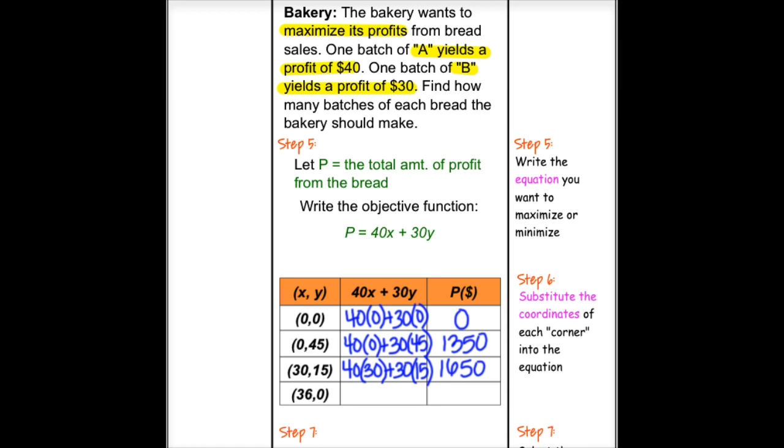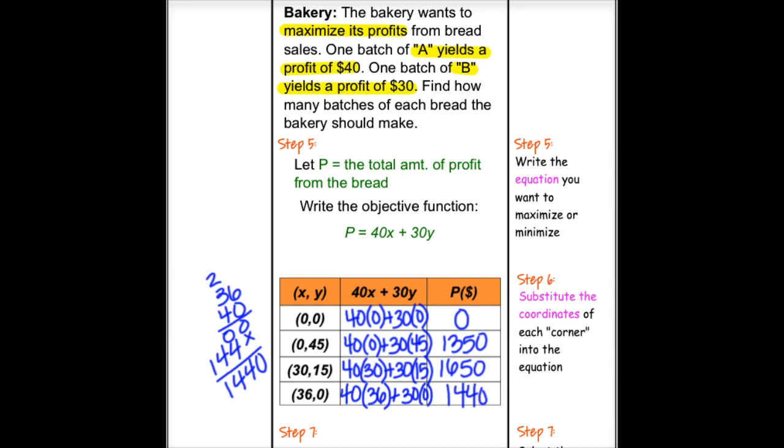And then 36, 0, which would be 40 times 36 plus 30 times 0. And I'm going to do my math on the side here, 36 times 40. So we get 1,440.